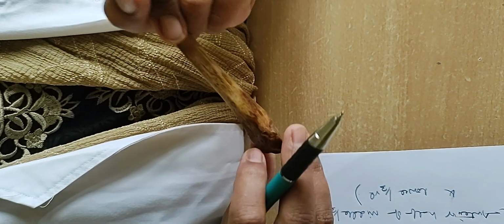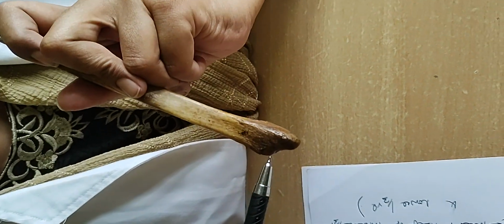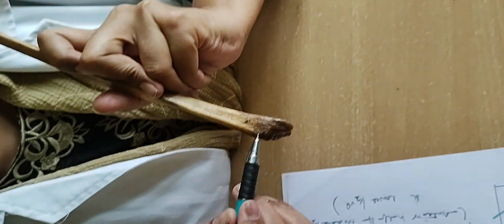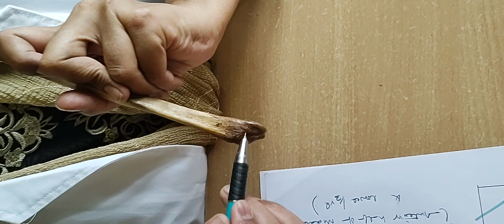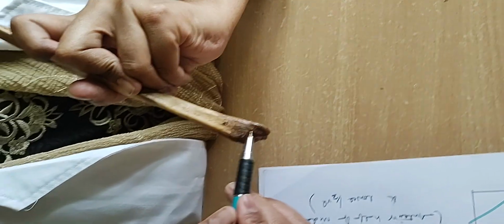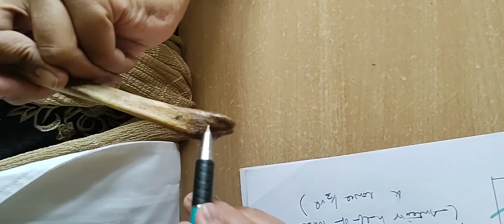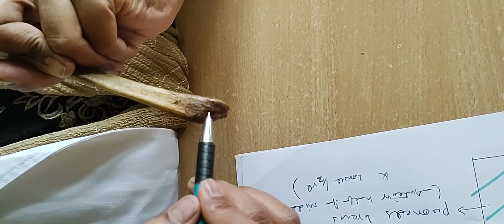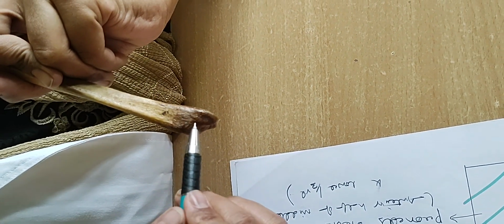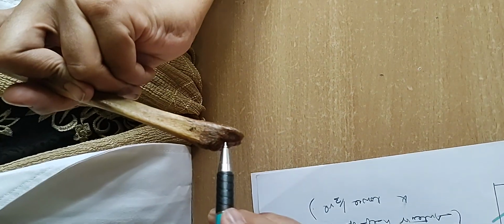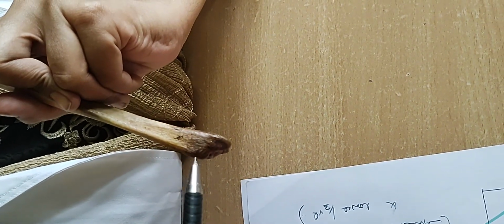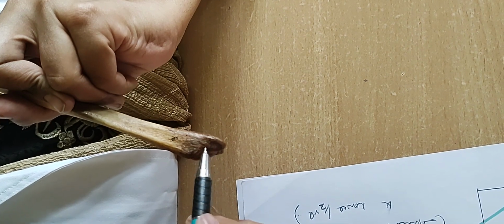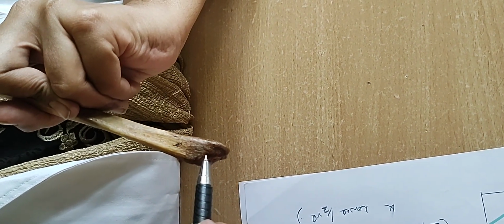And if you see the posterior surface, we will have a groove. This groove lodges the tendons of peroneus brevis and peroneus longus. Both are covered by a common synovial sheath, which passes below the superior peroneal retinaculum.